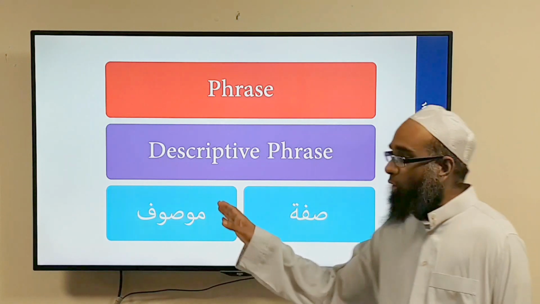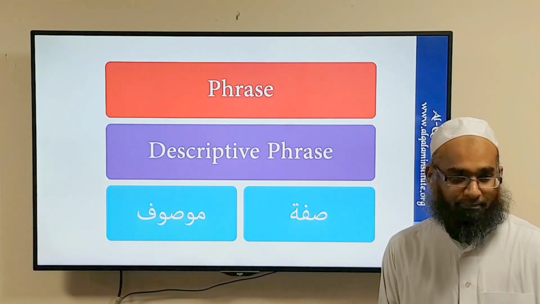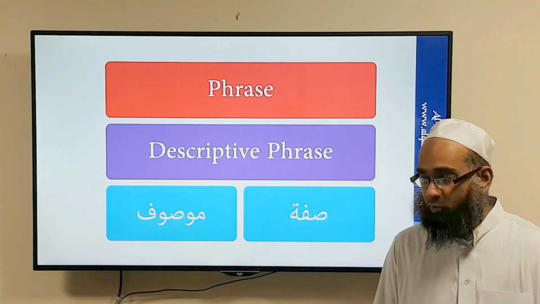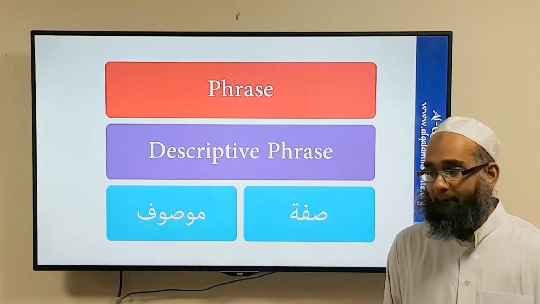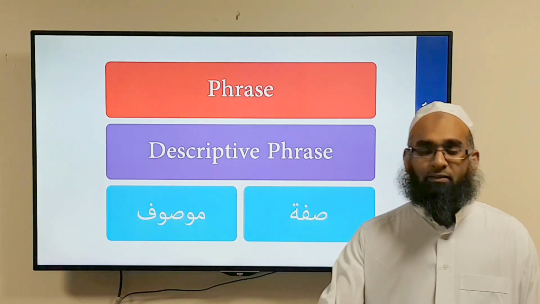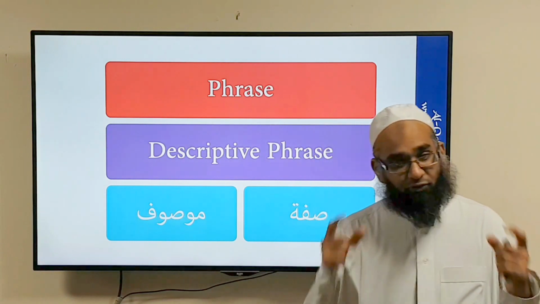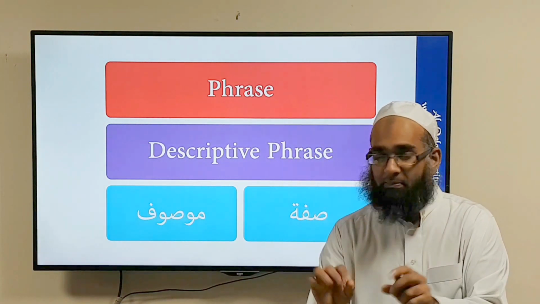Do you understand? And then mousuf sifa join to become what? What does mousuf sifa call a sentence? Maf'ul. Always maf'ul? No, it could be any of the slots. Mubtada. Any of the slots? Except for fa'il. So the phrase takes the slot of any place where an ism could have come.